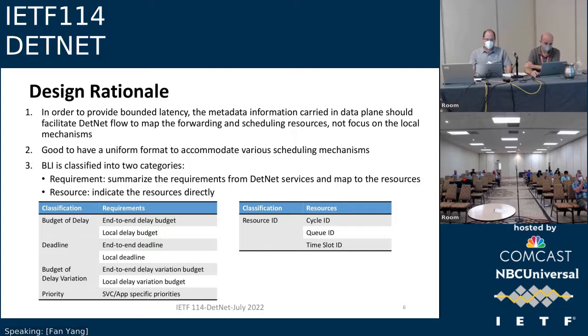Some of these types are used in the hop-by-hop scenario, and some of them can be processed by the destination node. So in that case, it is better to place them in the destination options header.